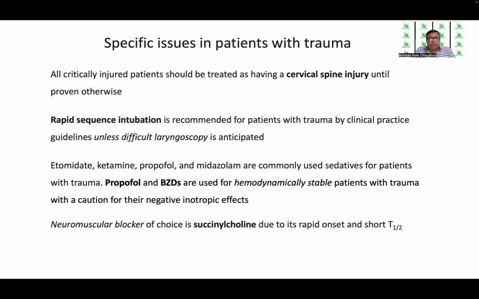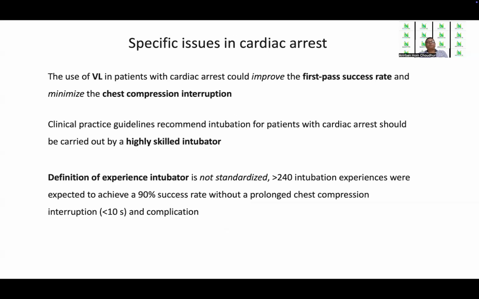Etomidate, ketamine, propofol, midazolam are commonly used sedatives for patients with trauma. Propofol and benzodiazepines are used for hemodynamically stable patients with trauma, with caution for their negative inotropic effects. Neuromuscular blocker of choice is succinylcholine because of its rapid onset and short half-life.